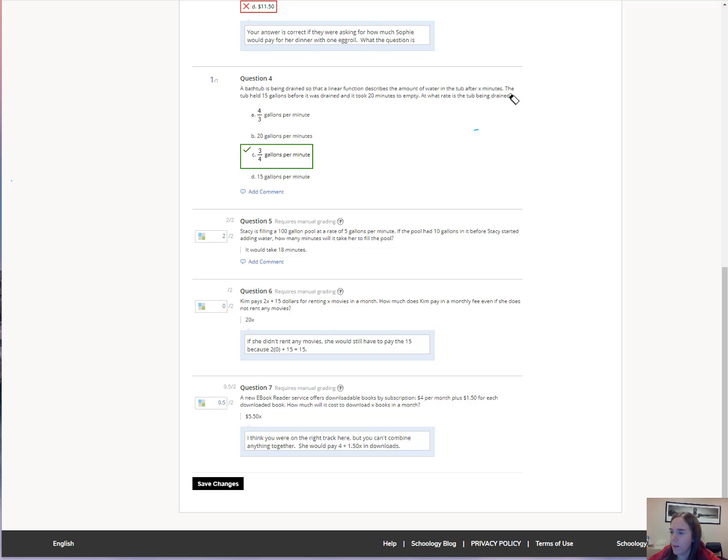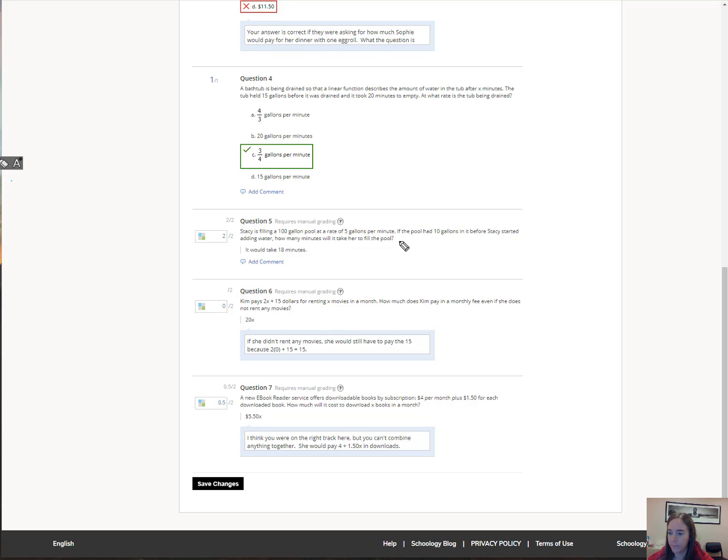Okay, then moving down to question 5. It says Stacy is filling a 100-gallon pool at a rate of 5 gallons per minute. If the pool had 10 gallons in it before Stacy started adding water, how many minutes will it take her to fill the pool? Okay, so again, we can set up an equation for this.